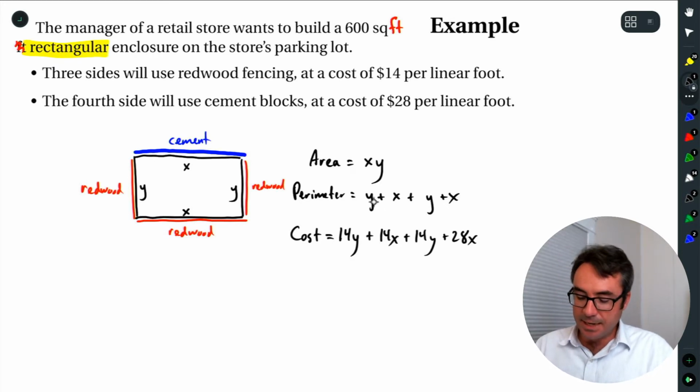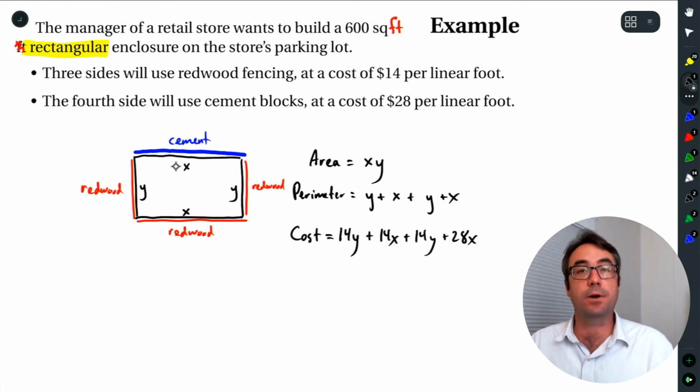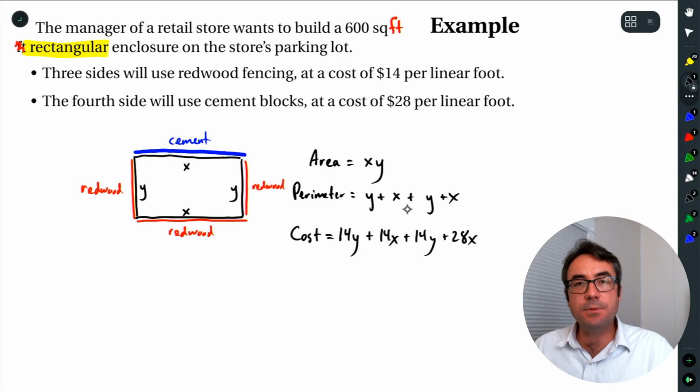And you can see it's related to perimeter, except now we have these coefficients that are putting some weight on these sides, because one side is going to cost a little bit more. So it's similar to perimeter, but not exactly perimeter, because there are these weighted coefficients to help us figure out the cost.